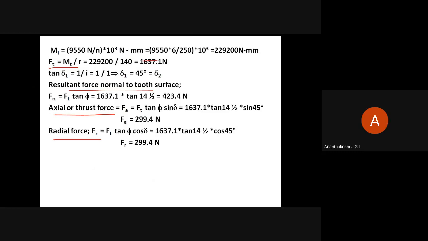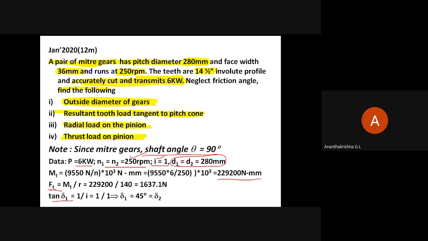Please calculate the values using the equations that we have taken earlier.